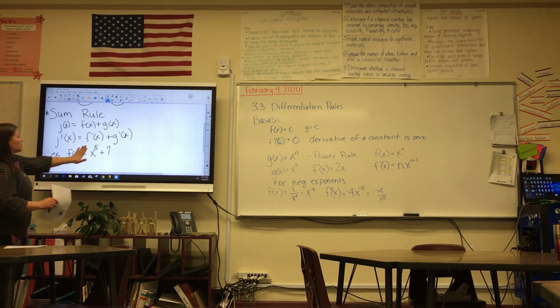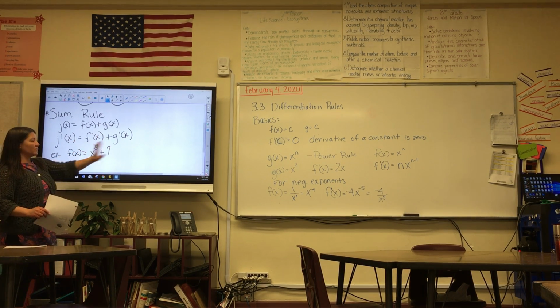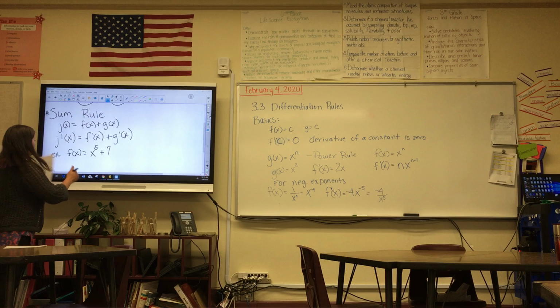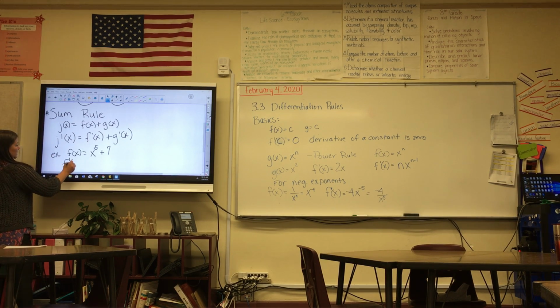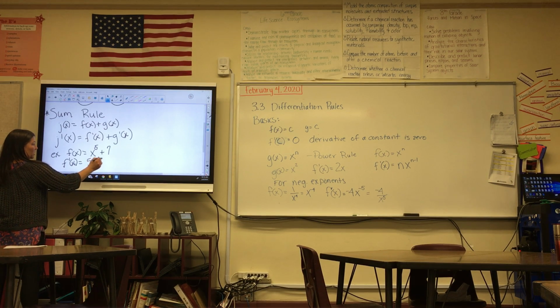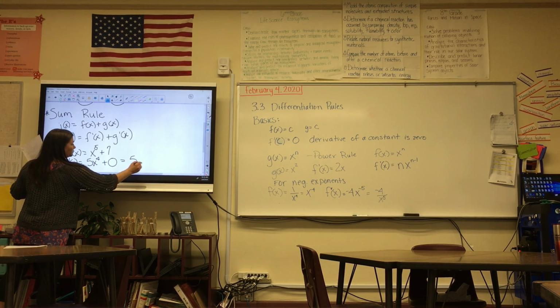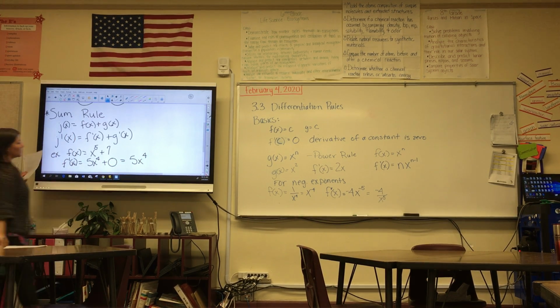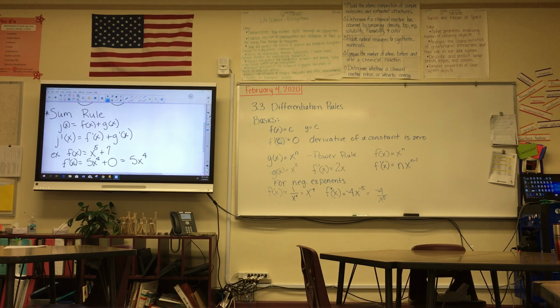So I can take the derivative of this one plus the derivative of that one. f prime of x is 5x to the 4th plus, what's the derivative of a constant? 0. So the derivative of a sum is just the sum of the derivatives.